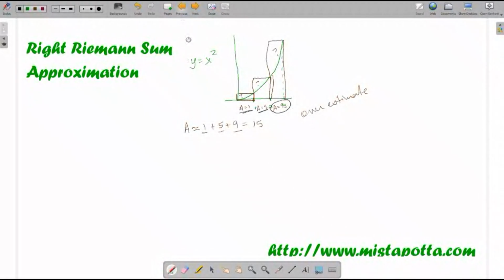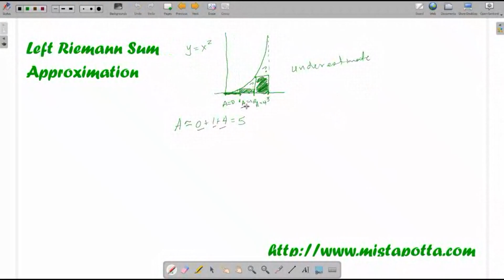I had the area of 1 and the area of 5. It was this area of 9 that disappeared between my left Riemann sum and my right Riemann sum. These areas were here, but this area was not. So the difference between a left Riemann sum and the right Riemann sum is just the one rectangle on the left for a left Riemann sum versus the one rectangle on the right for a right Riemann sum.